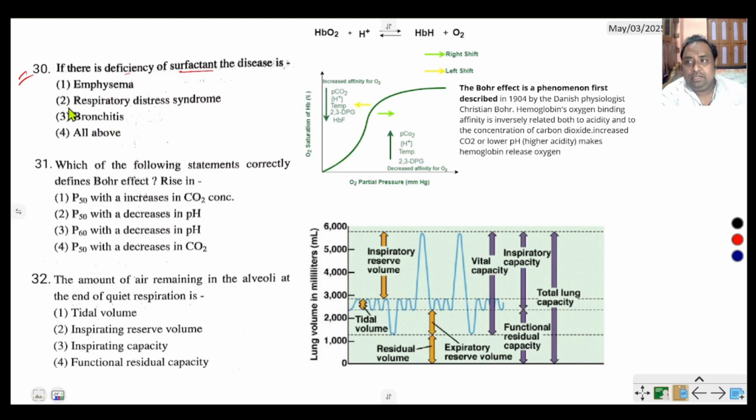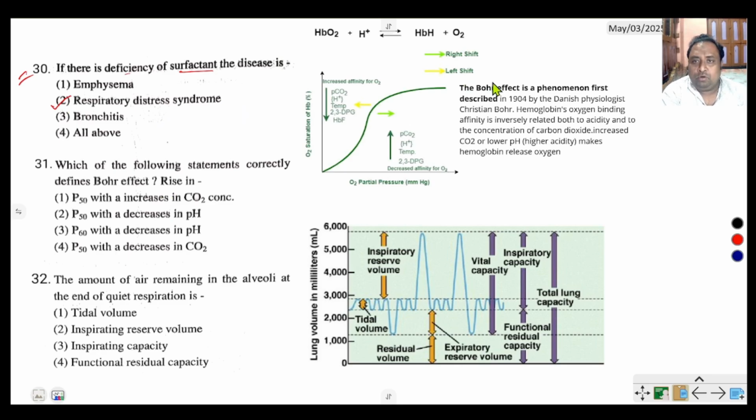Because if the surfactant is absent, the alveoli collapse, and when alveoli collapse, the contraction and relaxation of the alveoli is inhibited. So the patient feels a breathing problem.